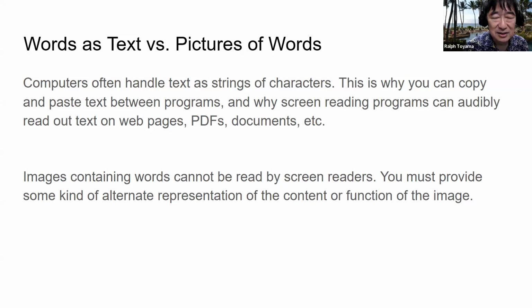And that's also why special programs called screen readers, which are programs used by people with visual disabilities, are used to read text off of a computer screen. So the computer interface, web pages, documents, PDFs, the screen reader is able to audibly read out what's on the computer screen.